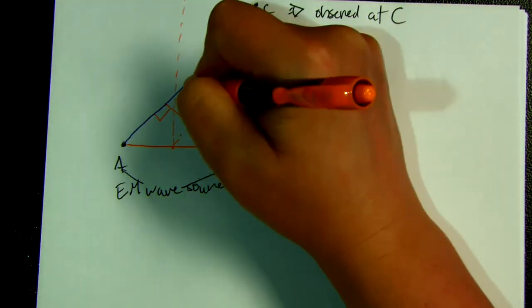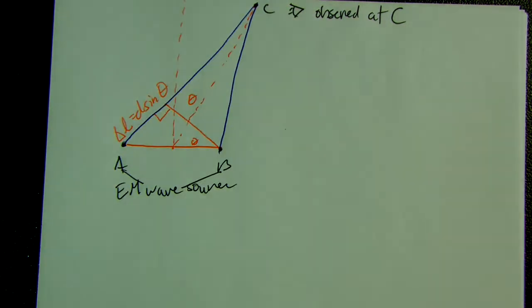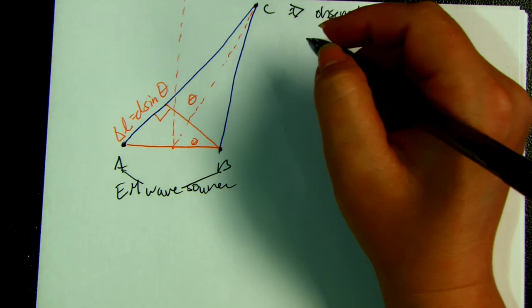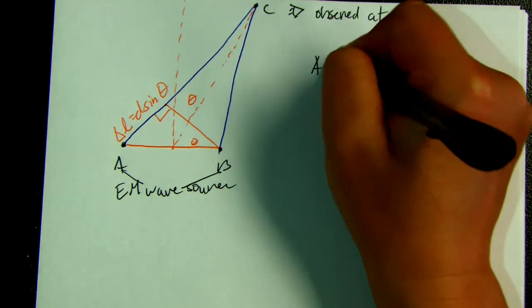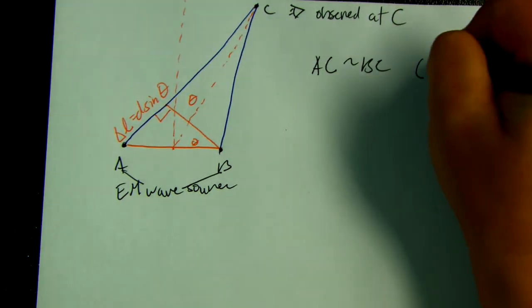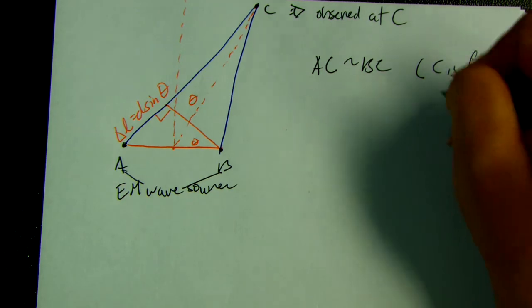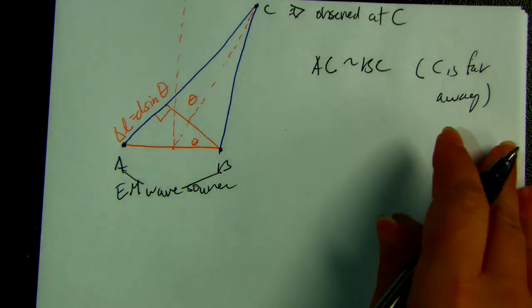And so we've got theta, theta, delta L is equal to d sine theta. All right, so with C being very far away, we can say that AC is approximately the same as BC. C is far away. And A and B are actually quite close to each other. This only works if C is far away.